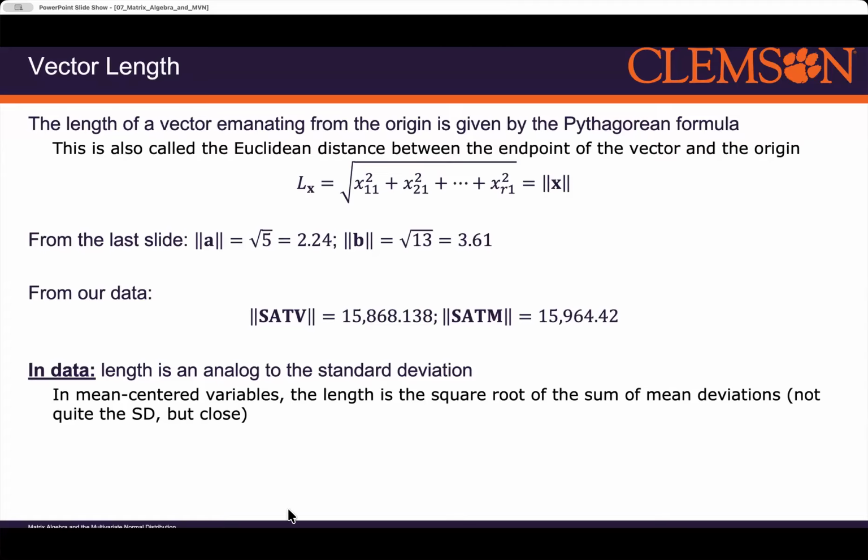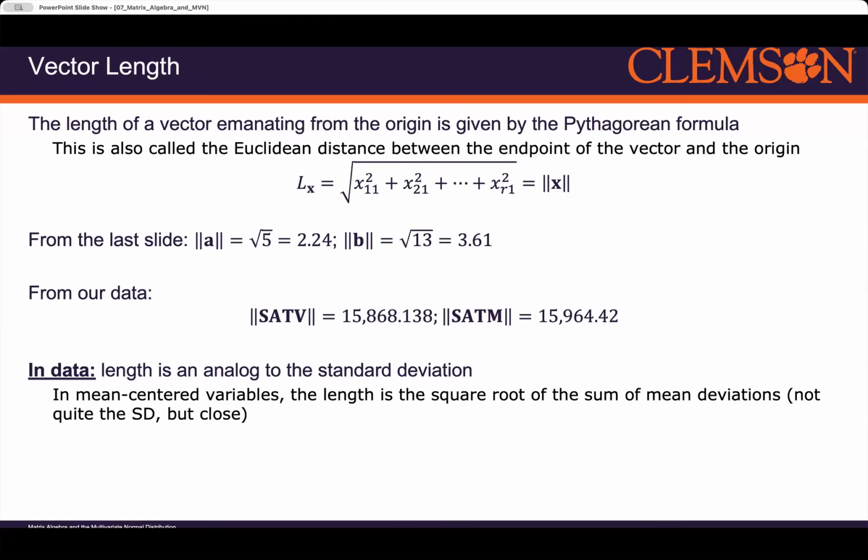If we were to look at SAT verbal and mean centered it, I didn't mean center it here, but if we mean centered SAT verbal, then the length is the square root of the sum of squared mean deviations, right? It's not quite the standard deviation, but it's very, very close.